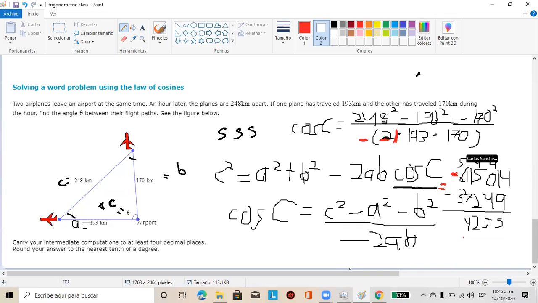Okay, what are you doing, Carlos? I'm doing the subtraction. But it's not subtraction, you have this over this, so you have to divide. Wait, I'm doing it step by step.